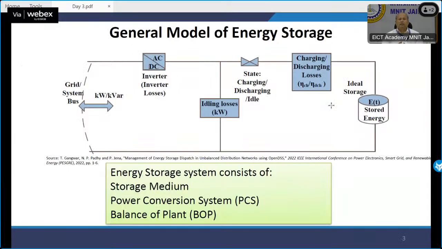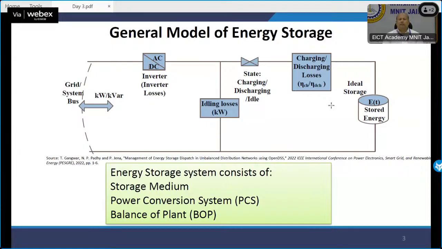So this is how we normally model energy storage devices. We connect the storage devices to the main grid, and the main grid energy is drawn to either charge or discharge. The storage device can act as a load or as a generator.